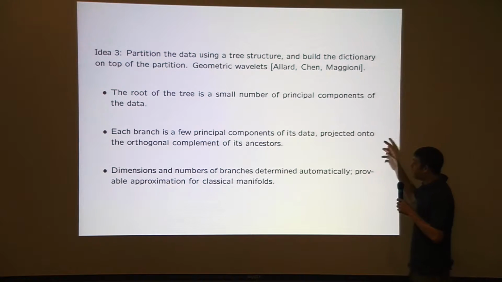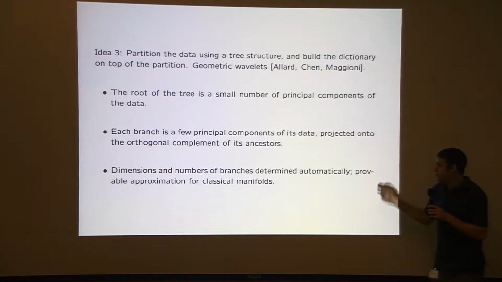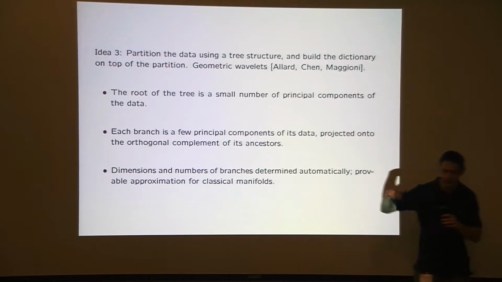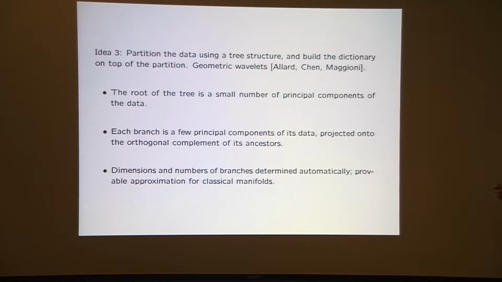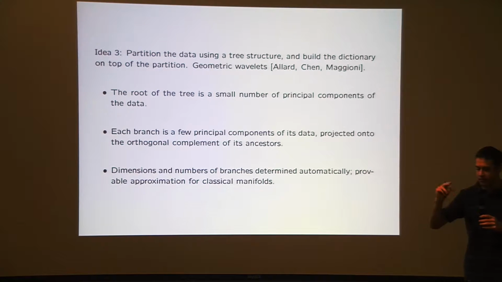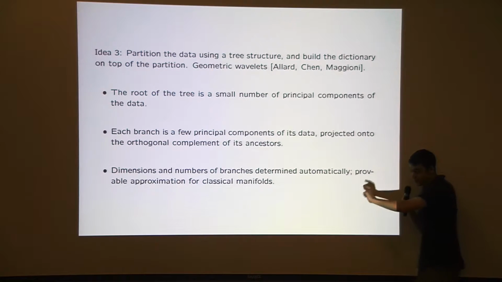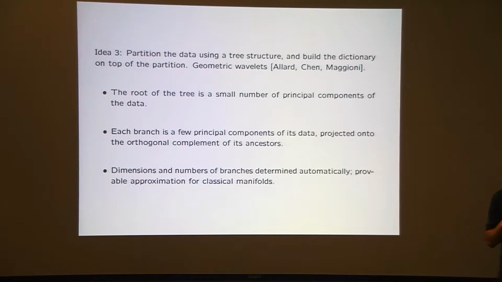So this actually is a cool paper because the way they do it, they have algorithms for estimating the dimension of each piece and deciding how many principal components are at each layer. And they actually have provable approximations. So this is one of the few sparse coding papers I've seen that in a geometric way has provable theorems about when it will work.